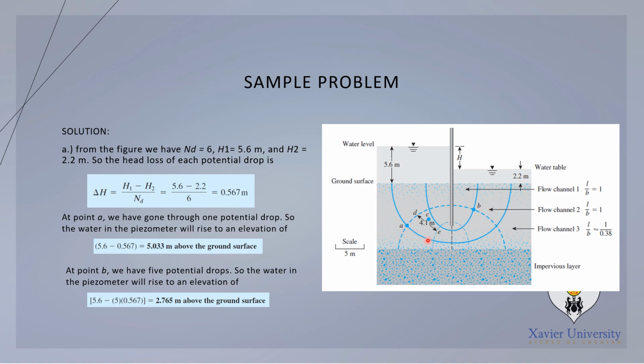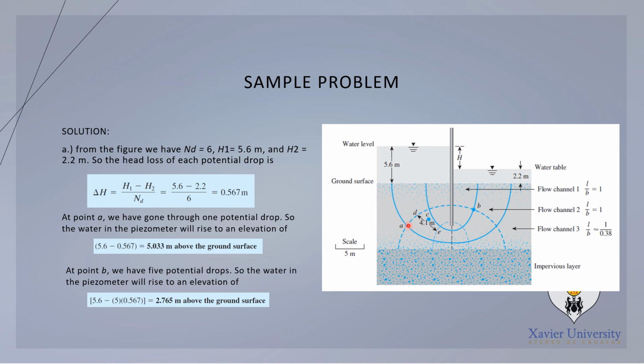So kada isa nga square mag-cause, or kung maagi atong tubig dirha, naa siya head loss equal to 0.567. So at point A, no, we have gone through one potential drop.